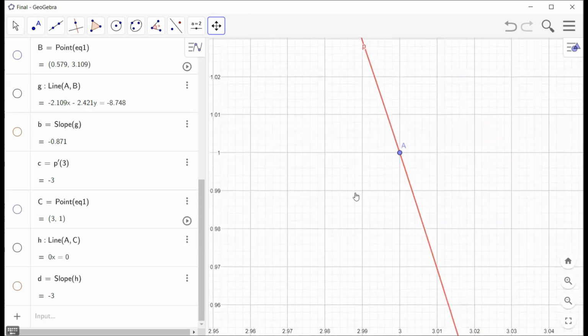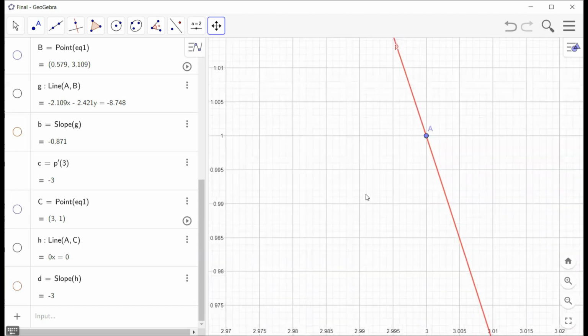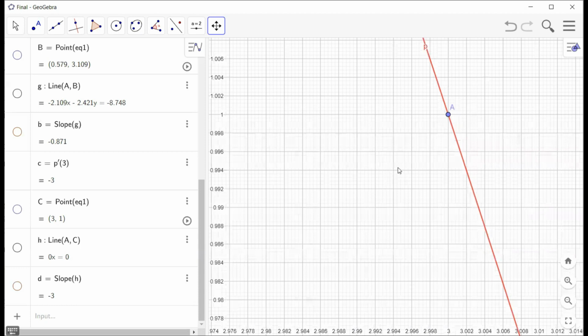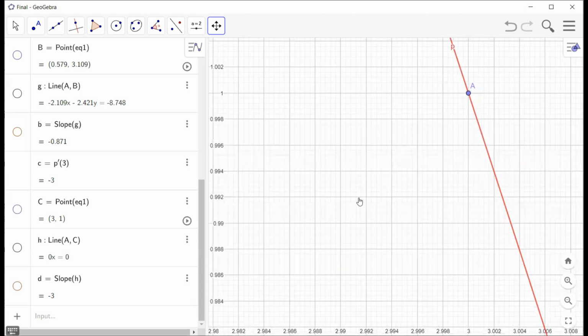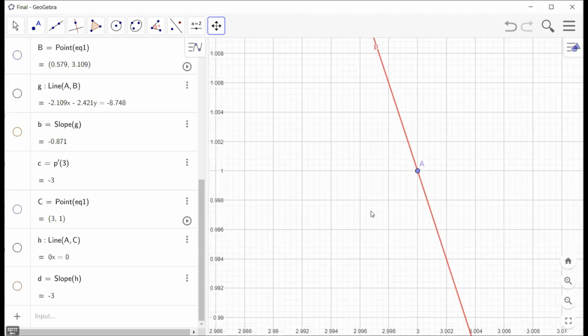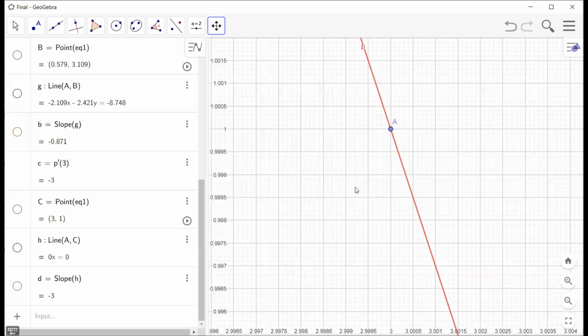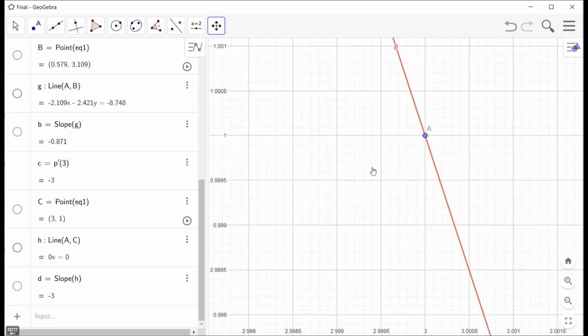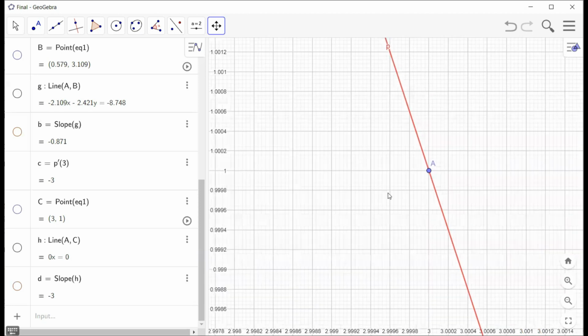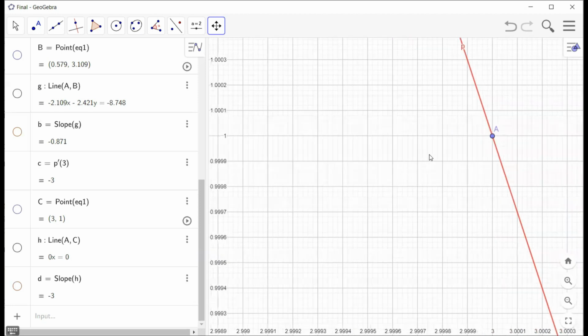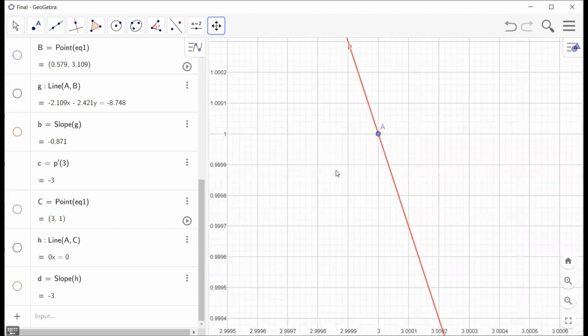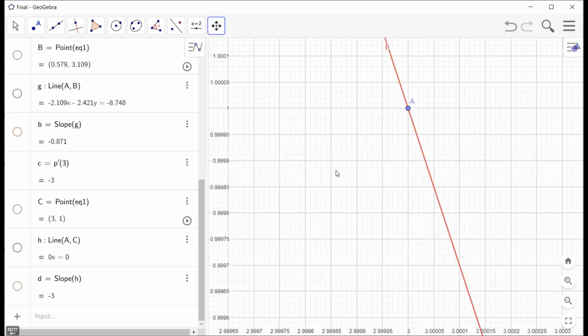So our method depends on zooming in several times, like this. And after zooming in several times, the curve approaches a straight line.